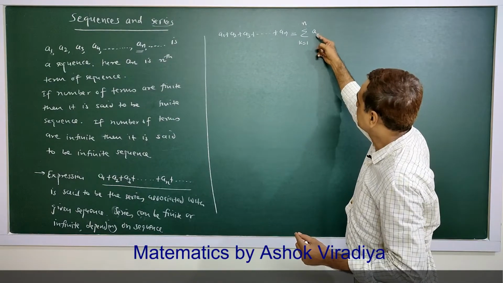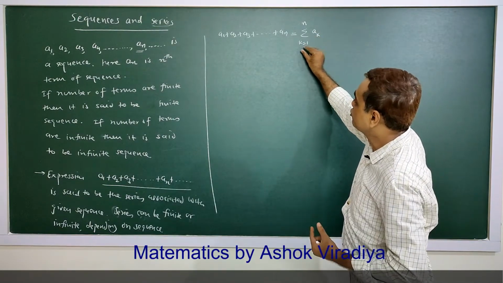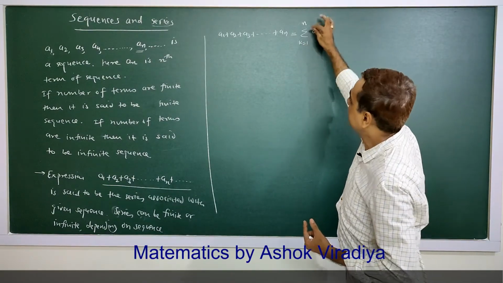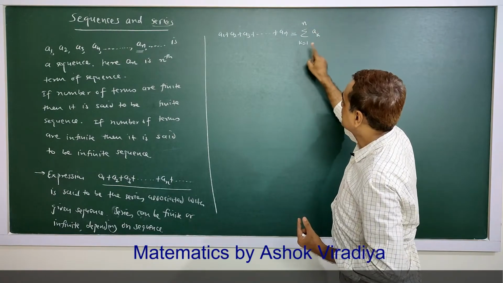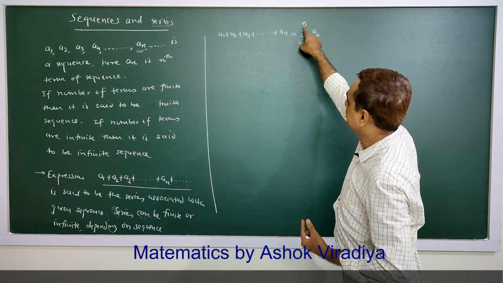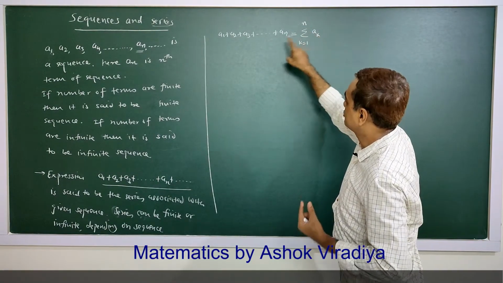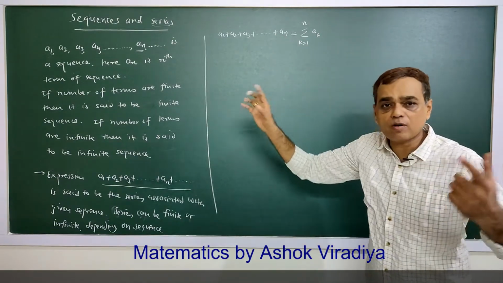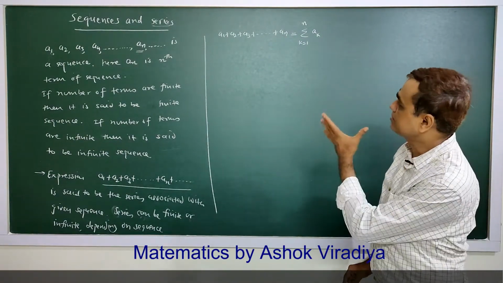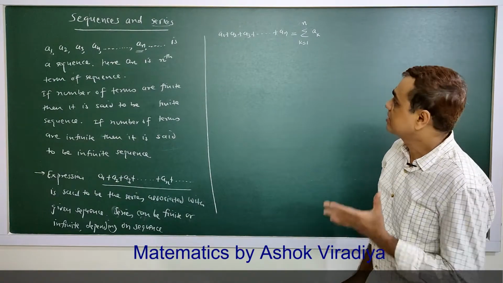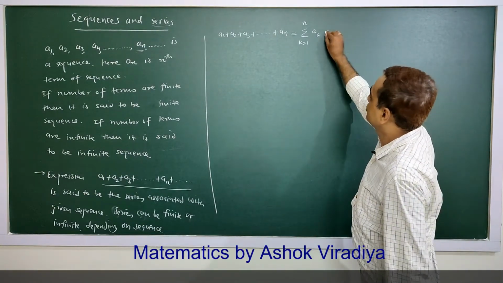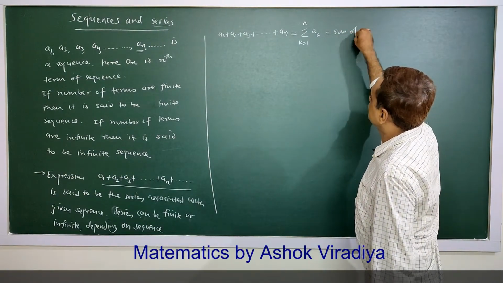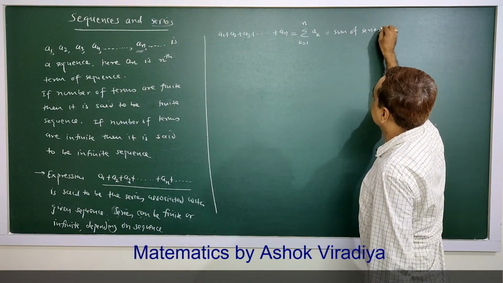Continuing this procedure, the machine keeps the value of k till n. So the last value of k is n, so plus an, then full stop. So this is the meaning of this symbol. So it is the sum of the series.